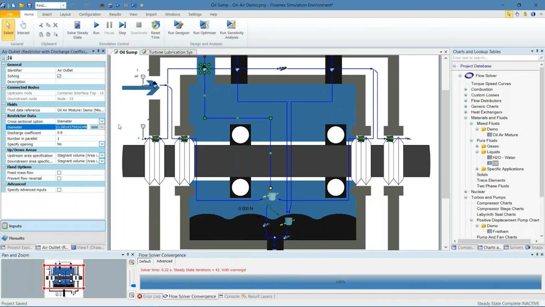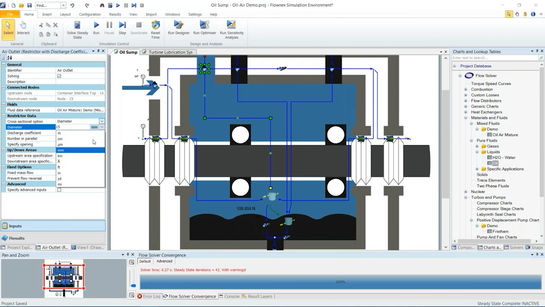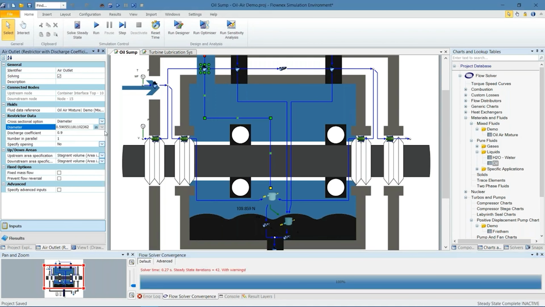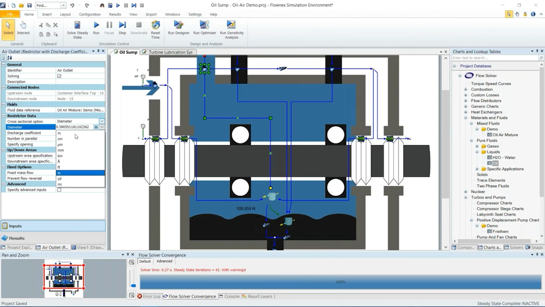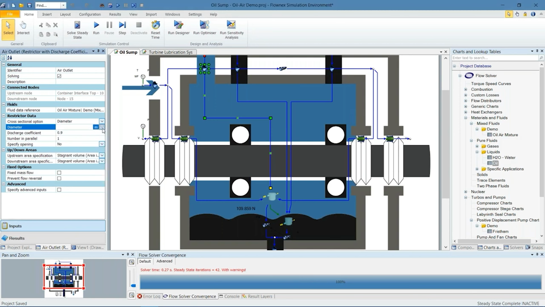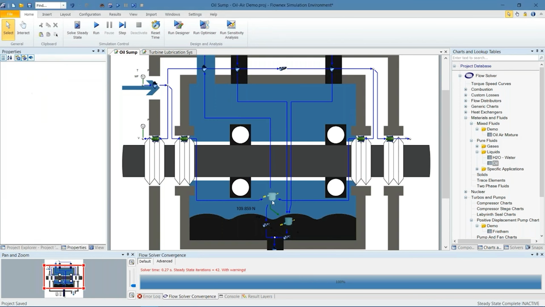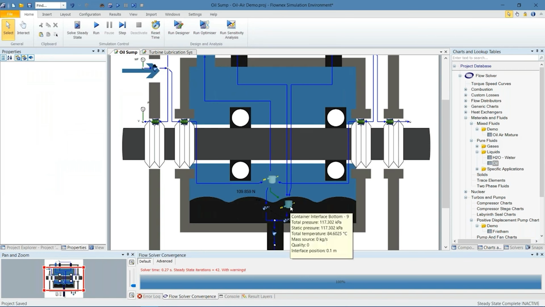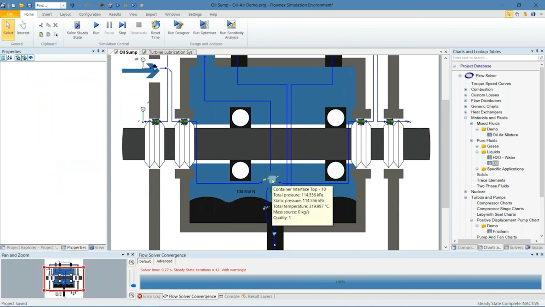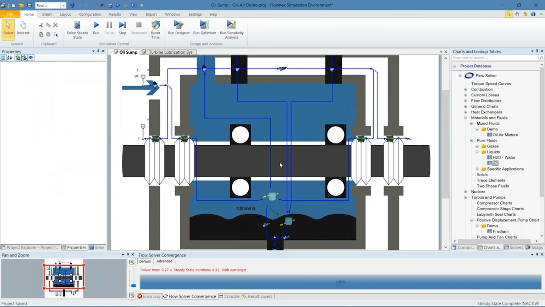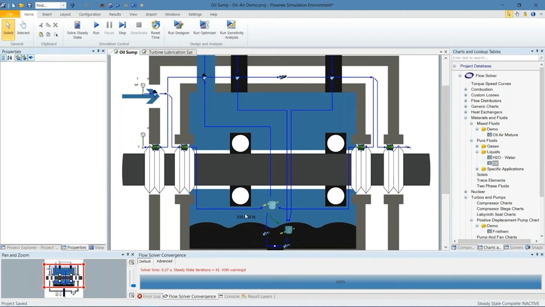So for example, if we had a hole of say 15 millimeters, that's roughly 0.6 inches if I put that into inches. That will result in a force imbalance between the air phase and oil phase. Here we see the oil pressure at 117 kilopascals and the air phase at 114 kilopascals. So in this case, our air phase is at a lower pressure and we see a positive force imbalance.